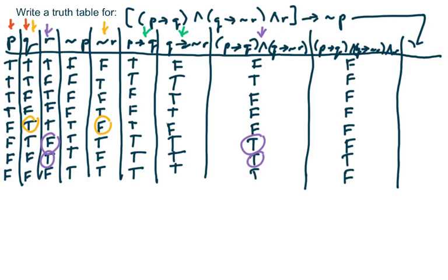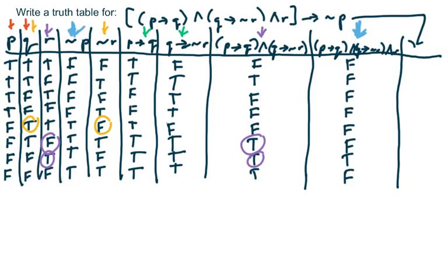Now the final column is a massive if-then statement: if the conjunction of all the premises, then the conclusion. I need one more color. Let's use blue. I need to look at this column, implies this one. Very, very important to do this one right, because in this case, this is our first statement, and this is our second statement. So we want to be very careful about this.